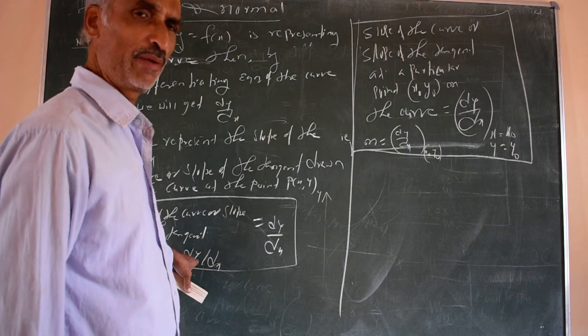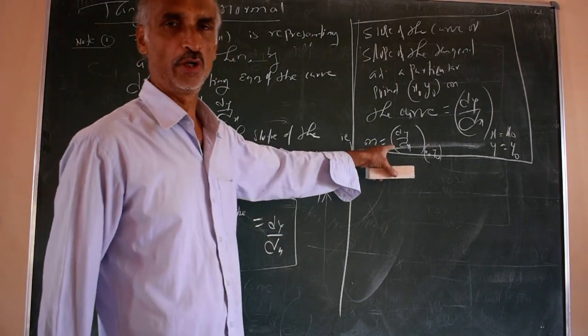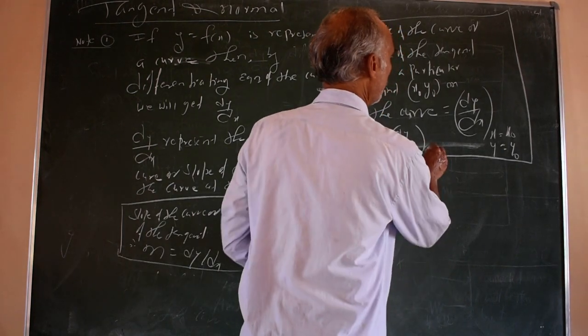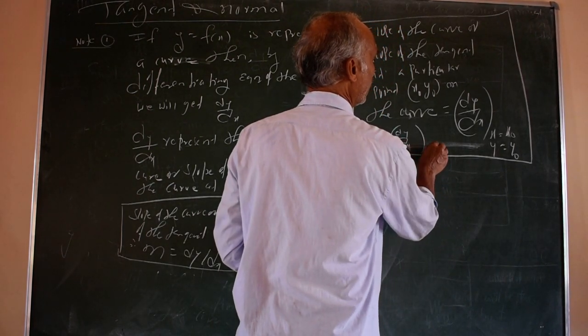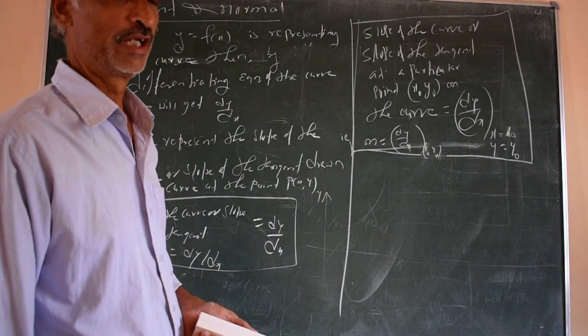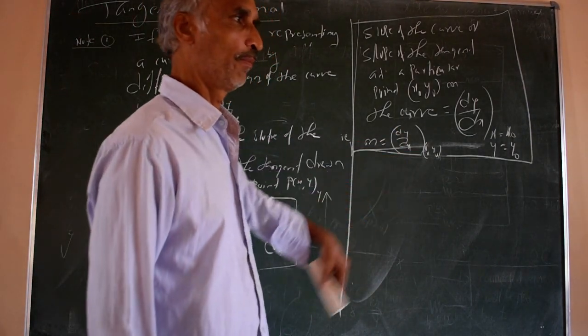It is not the slope at all the points of the curve; it is the slope at one particular point. x0, x naught, y naught means here x is to be taken as x naught, y is to be taken as y naught in the expression of dy by dx.